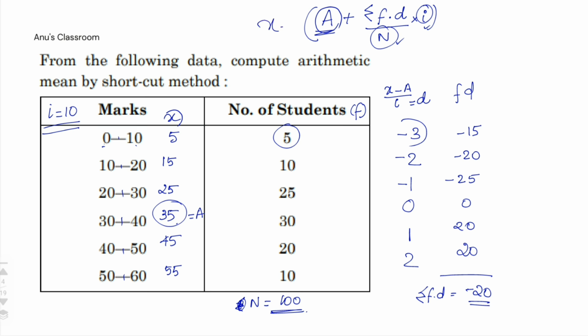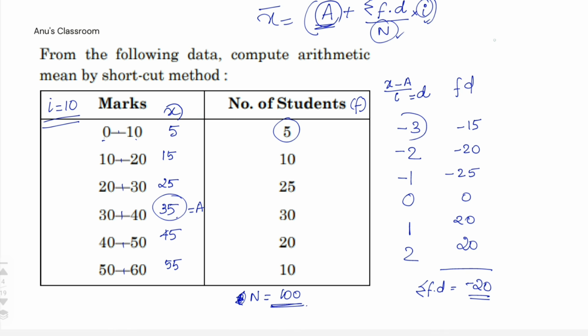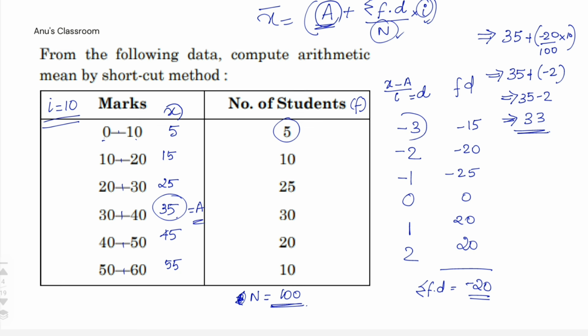Let us substitute in the mean formula: A is 35, plus sigma FD, minus 20, divided by n, 100, into I, the class interval 10. That comes to 35 plus minus 2, that is 35 minus 2. The mean is 33. You should get this no matter which point you take as your reference point A. This is how you compute the mean by the shortcut method.